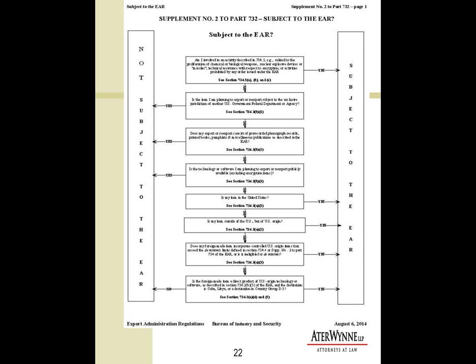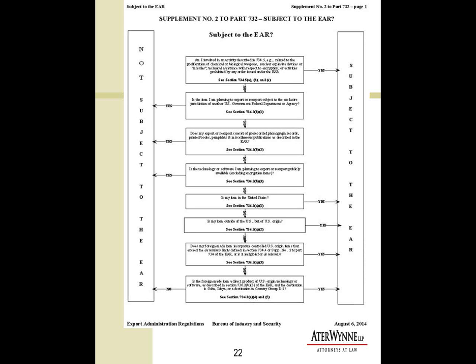company employee can say, all right, so are our products subject to the EAR because we're dealing with proliferation of chemical or biological products, weapons?